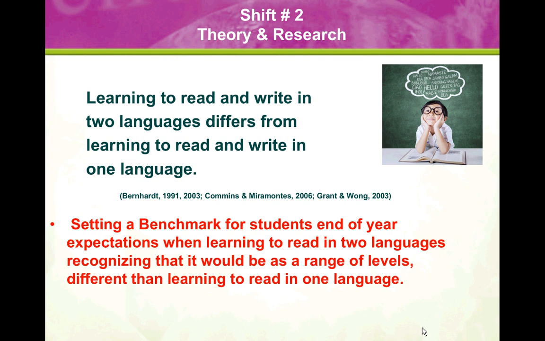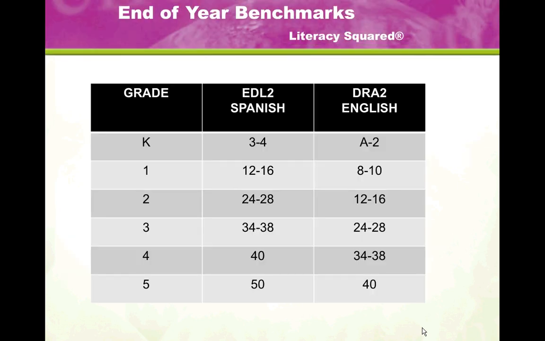We needed to create benchmarks for students, end-of-year expectations, and what it looks like when you're learning to read in 2 languages. And what we saw was not so much a level, but a range of levels. These became the end-of-year benchmarks for learning in 2 languages.